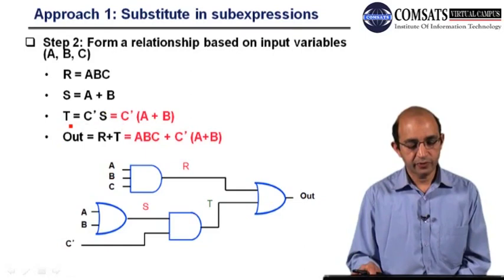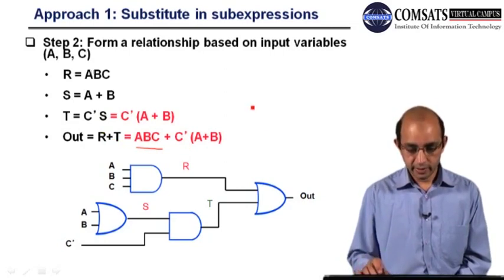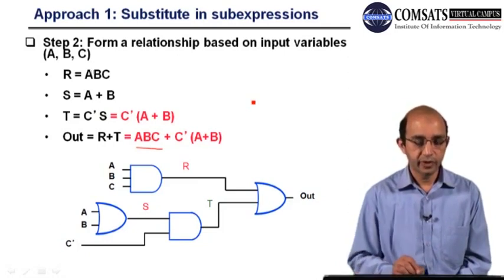You can see that we have T equal to C bar and S, and this S will be replaced by A plus B. Then finally we have the output, which is equal to R plus T. So we have R in terms of ABC here, and we have T in terms of ABC here. That's the representation in terms of ABC, because we have to relate the output to the input.